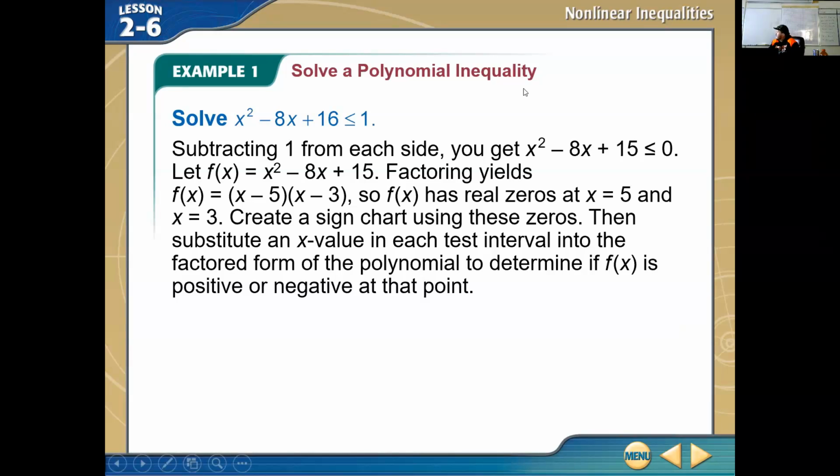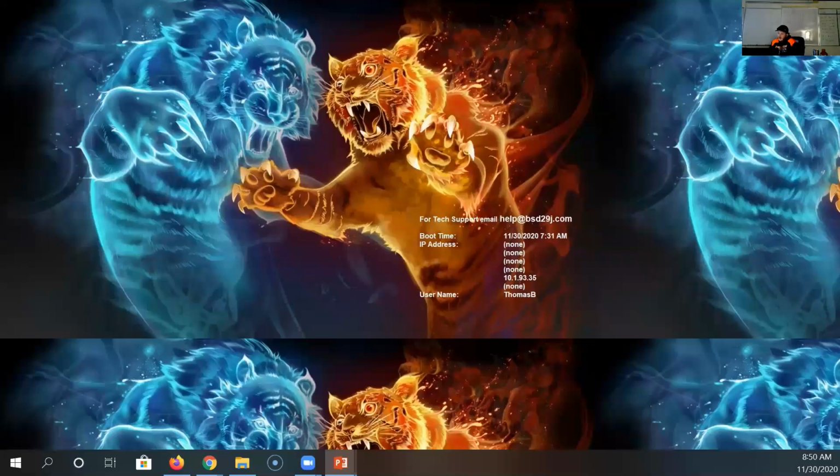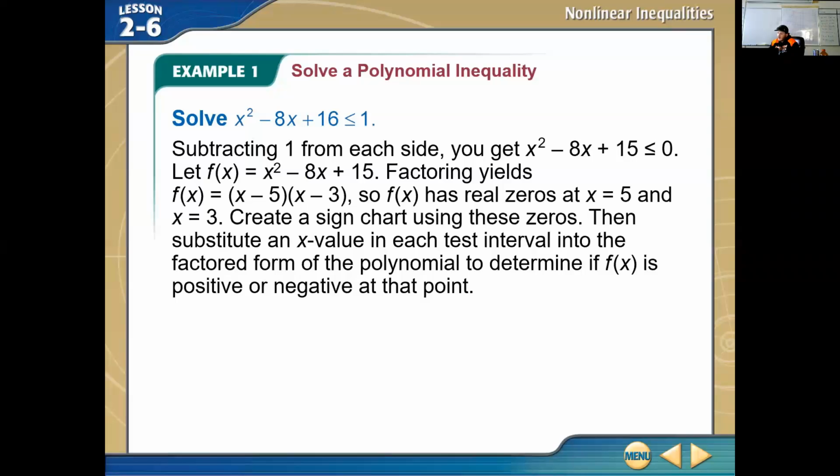our graph y equals 1. Okay, Leah, so that's on this right side here. Okay, y equals 1 is just representative because that's the value I want to know that I'm beneath. Because my original inequality started out as x squared minus 8x plus 16.